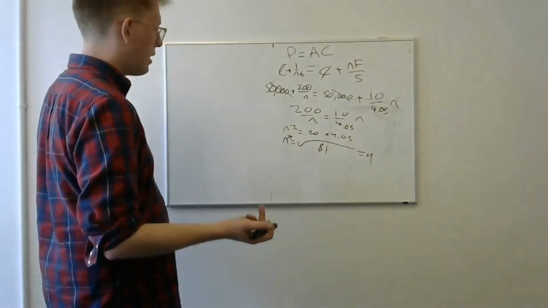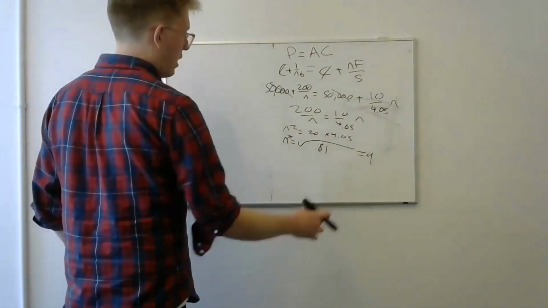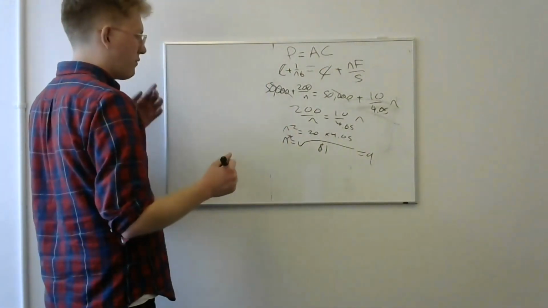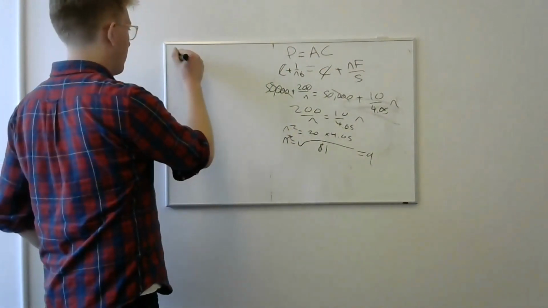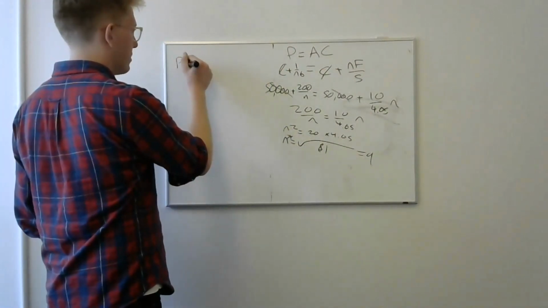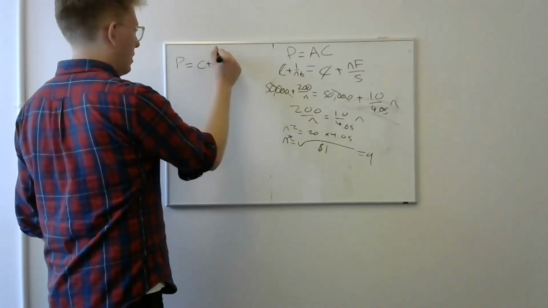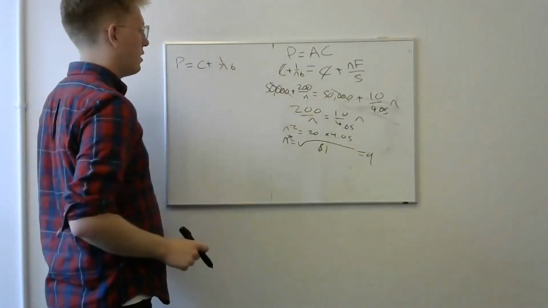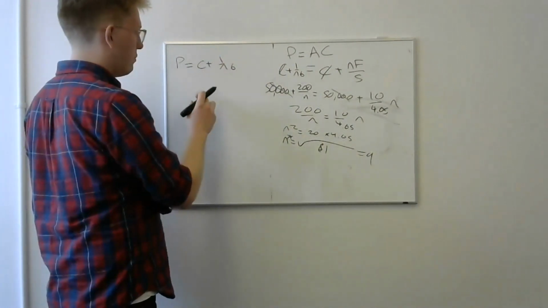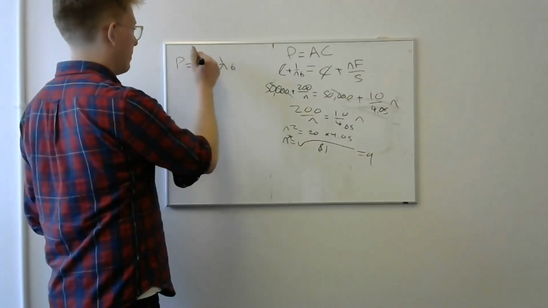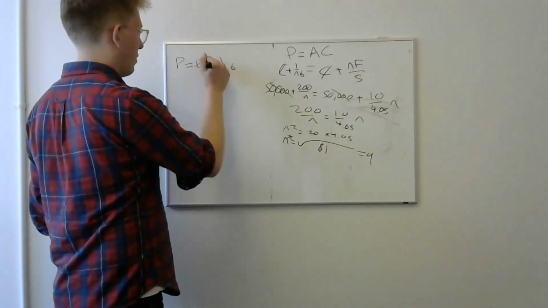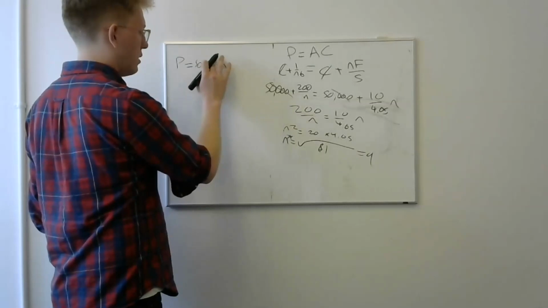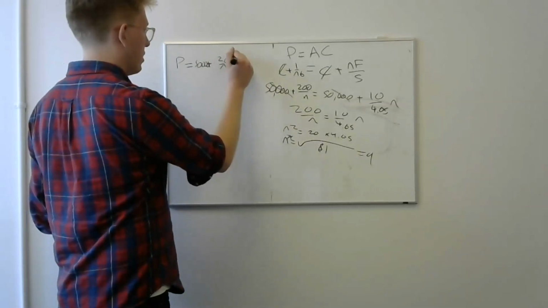Okay. Then, knowing that the number of firms in equilibrium is 9, you just come back to price, and that's equal to C plus N over B, where C is 50,000 and B is 200.